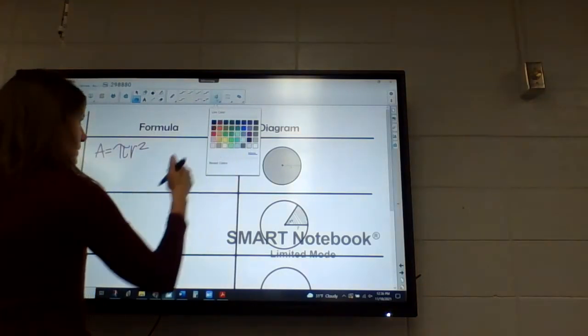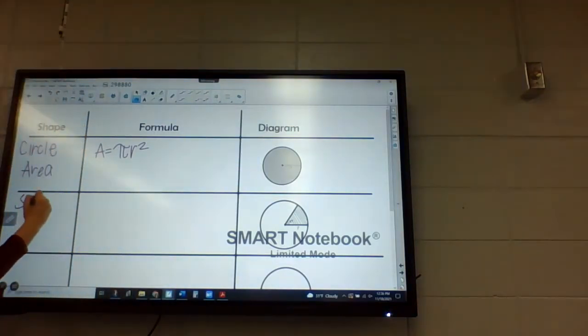So the next one's going to be sector area. And I'm going to show it two different ways. I'm going to show it with degrees, and I'm going to show it with radians as well.